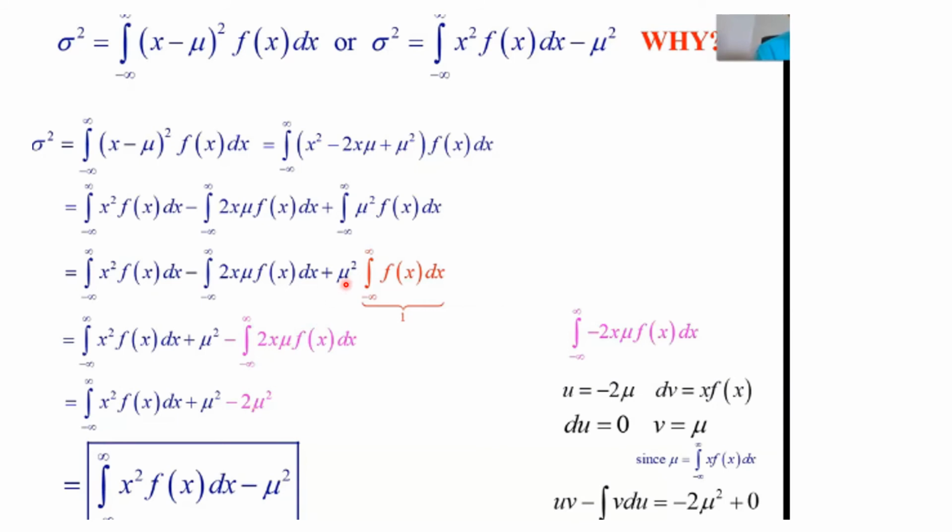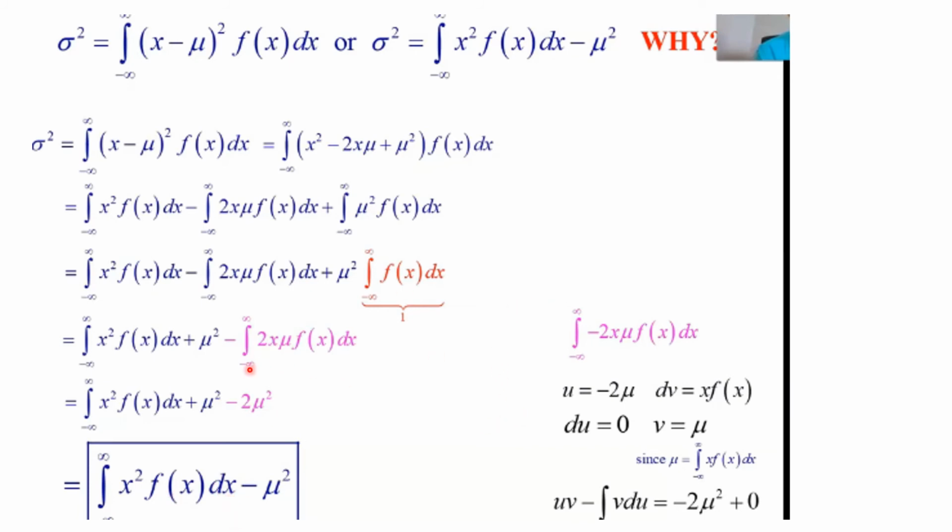So you see you get mu squared from this, minus 2 mu squared from this, and so those will become minus mu squared, and this will become just what I show here, the integral from minus infinity to infinity of x squared f of x dx.